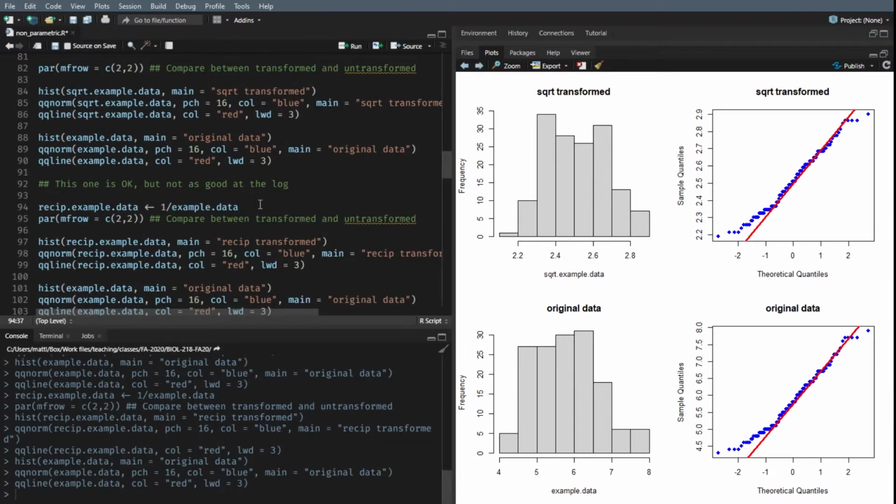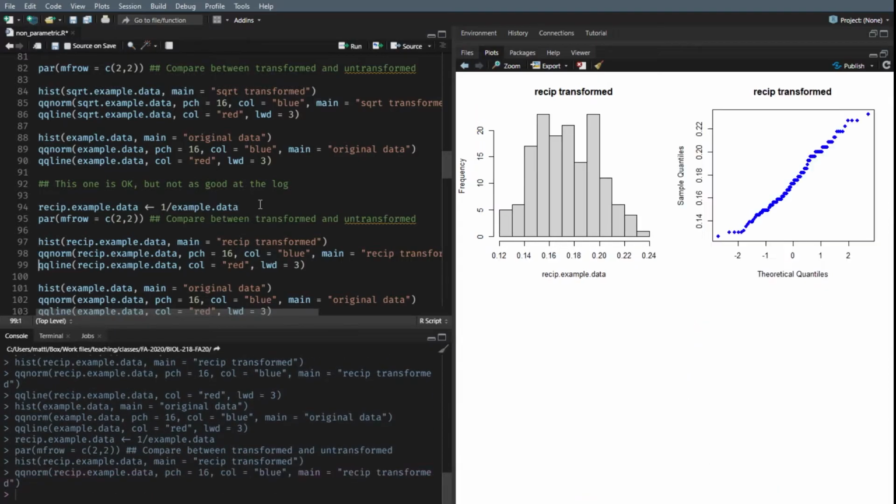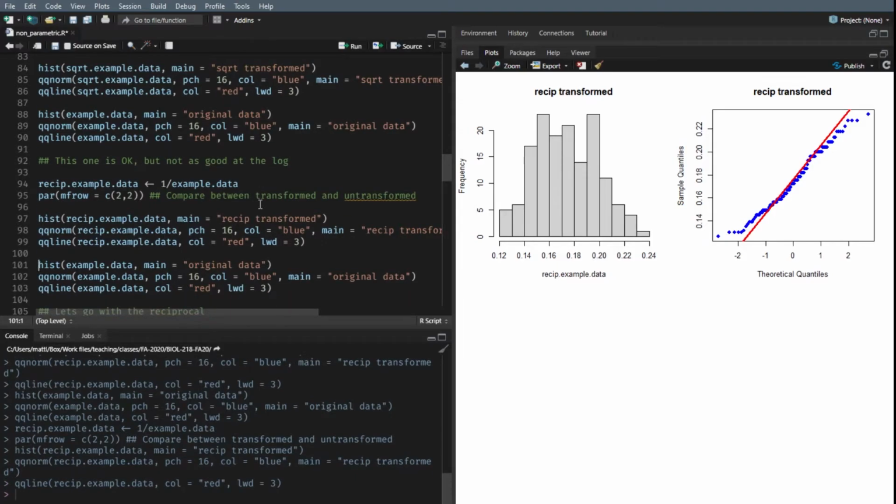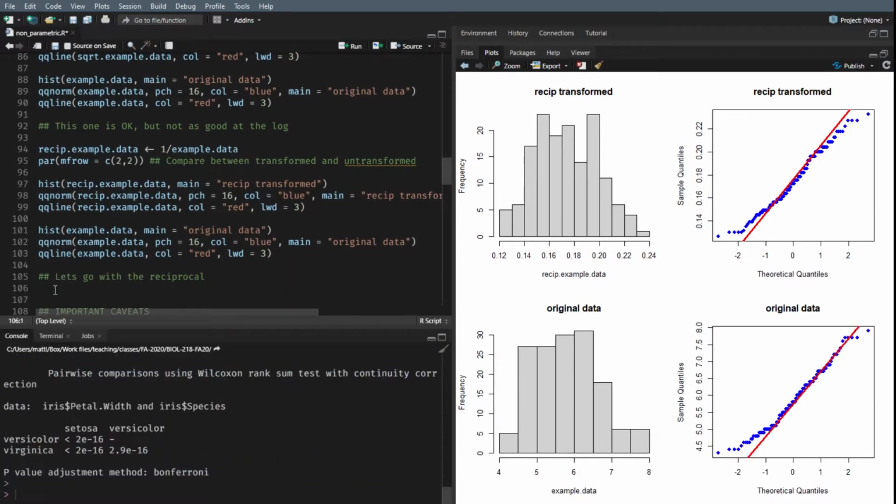So now let's try the third type, the reciprocal transformation, which is simply 1 divided by your data. And if we look at that, we can see that that actually looks a whole lot better, both from our histogram here and our QQ plot. So I would say if we're going to go with a transformation, we're going to go with the reciprocal.